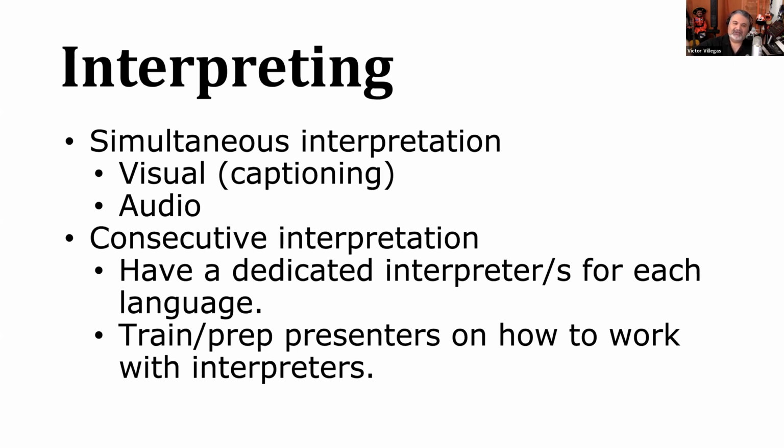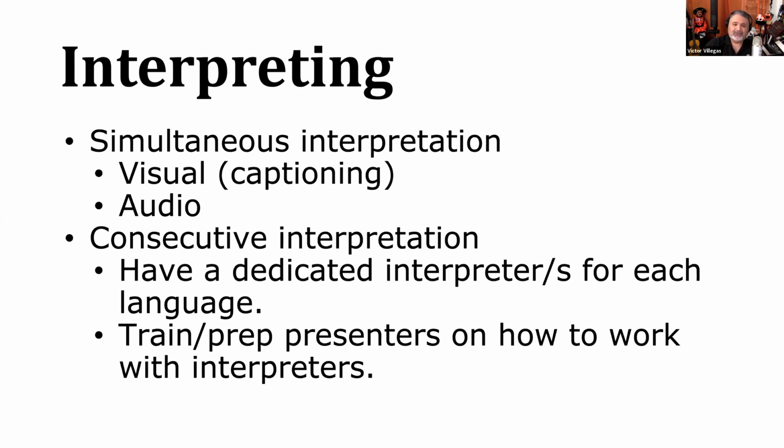And then the English speaker speaks, and then the other language person speaks. So the consecutive, it's like one after another after another. Simultaneous, it's happening at the same time. That's kind of like what they do at the UN, where they're wearing the headphones and they're listening to their interpreter interpret at the same time that the person is speaking in English or another language, right?